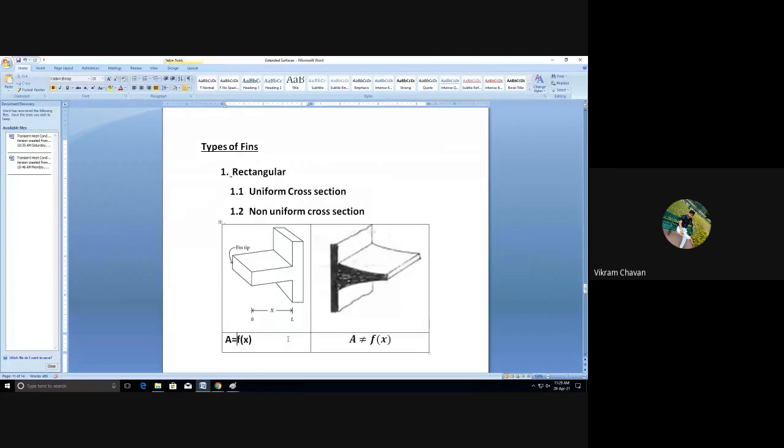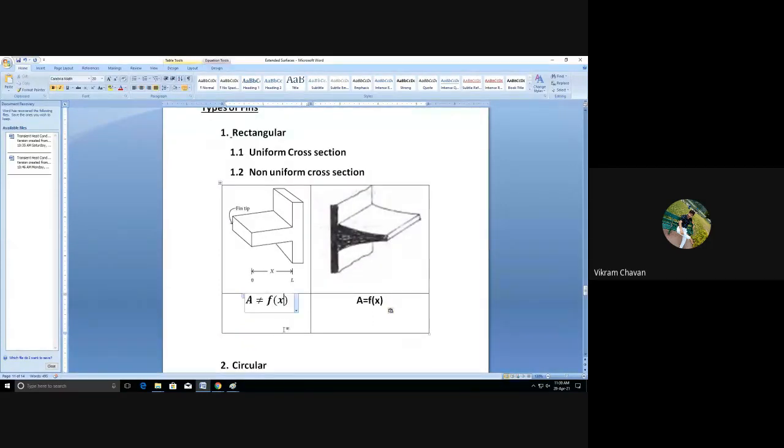Okay, I made a mistake: area is not a function of x. Area remains constant throughout the fin. If you take the cross section over here, you will get the same cross section.